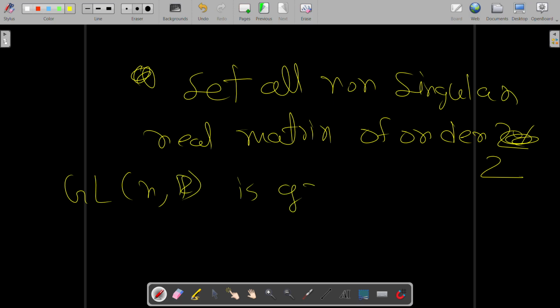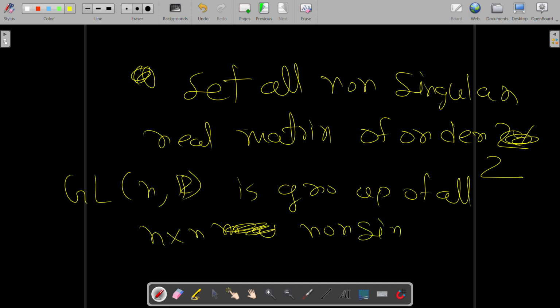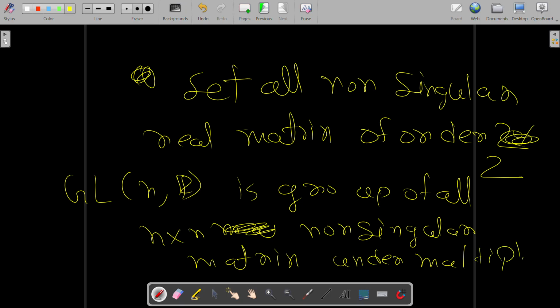It is a group of all n cross n non-singular matrices under multiplication. Here, I have forgotten to write: the set of all real matrices of order 2 under multiplication.